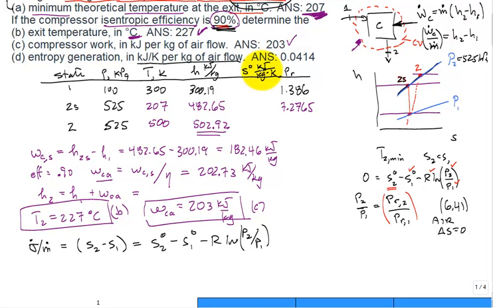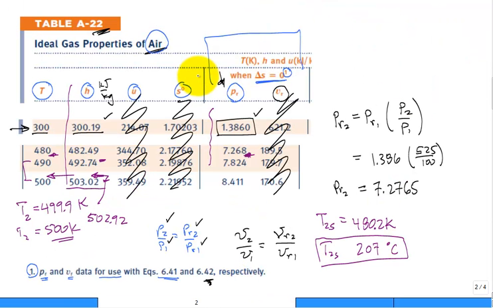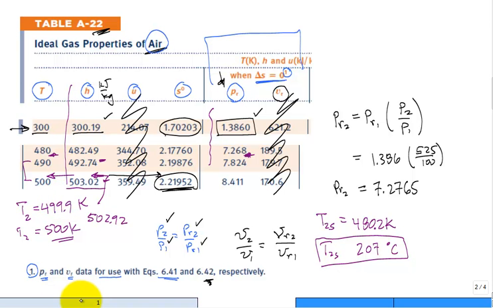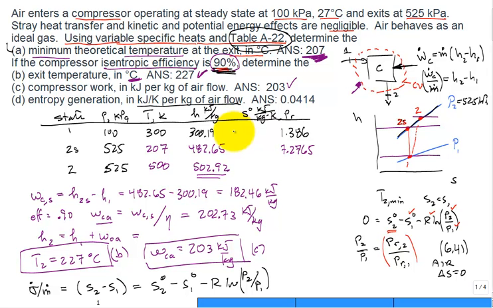And we would go back to our table again and pick up this S naught at 300, 1.70203, and then we would do the interpolation right here to get the S naught, but it's going to be very close to this value at 500 Kelvin. So let's go ahead and put our values in just so that we see them. It's a 1.70203, and then doing the interpolation you would get 2.21932. So it's a little bit of work.